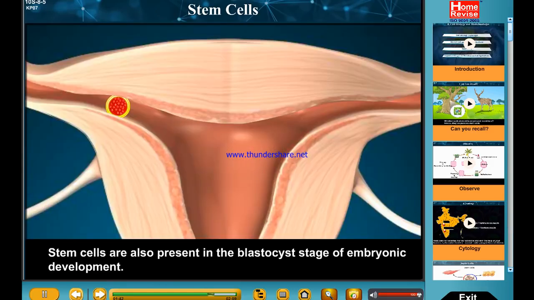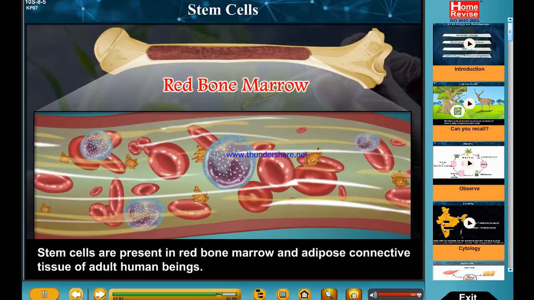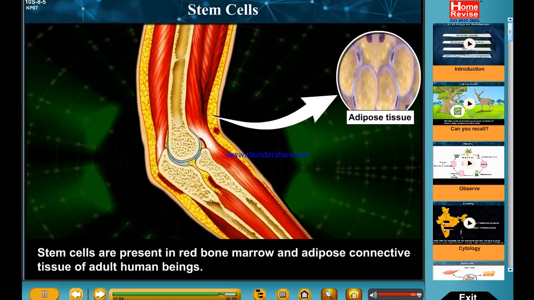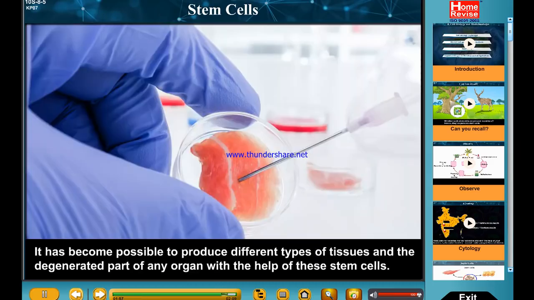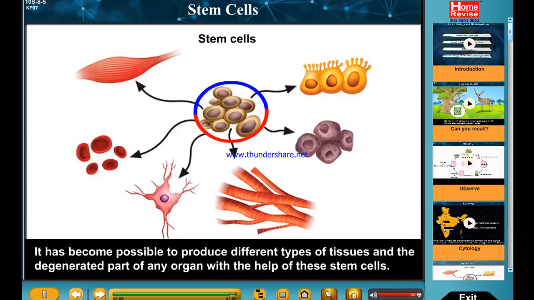Stem cells are also present in the blastocyst stage of embryonic development. Stem cells are present in red bone marrow and adipose connective tissue of adult human beings. It has become possible to produce different types of tissues and the degenerated part of any organ with the help of these stem cells.